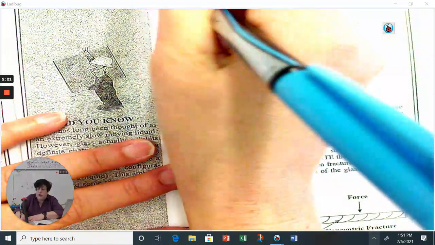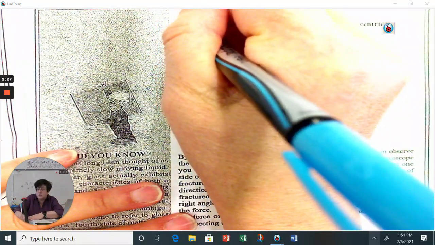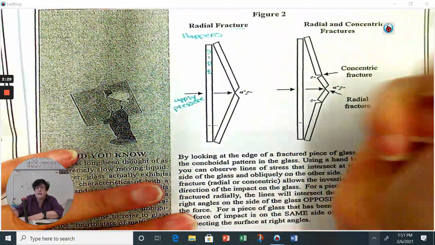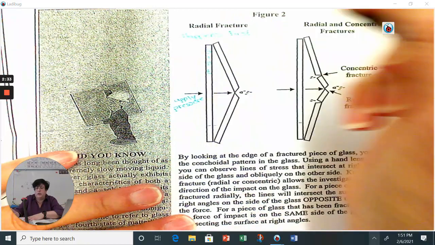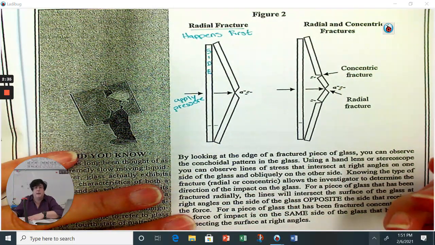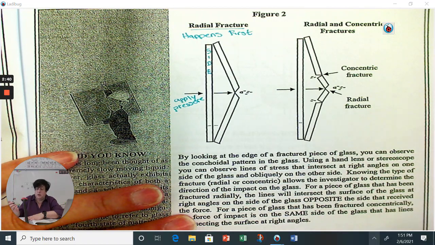This radial fracture, in terms of what happens first and then second, happens first. That's the first break in the glass. Now, when we say it's a radial fracture, many of them happen at the same time, but it's the first type of break.